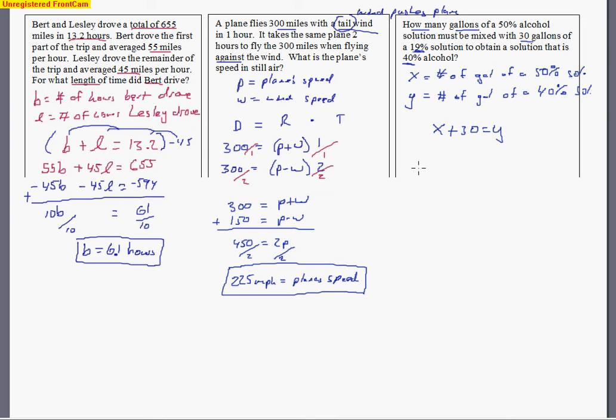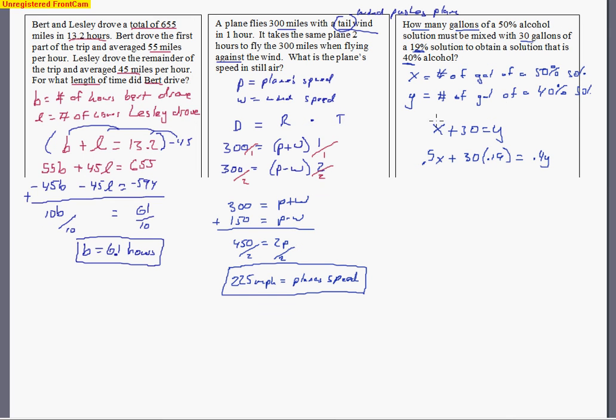Next equation is that's a quantity. Let's go with a value. So it's the value of the X, the number of gallons of 50% solution. So it's 0.5X plus 30 times 0.19, because that's a 19% solution, equals, and then we want 0.4 times y. So this is a great one for substitution.